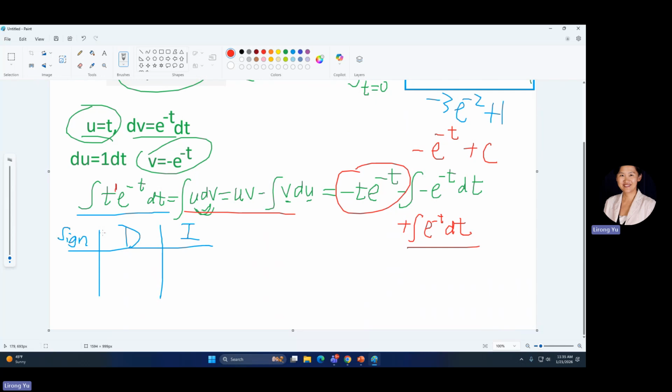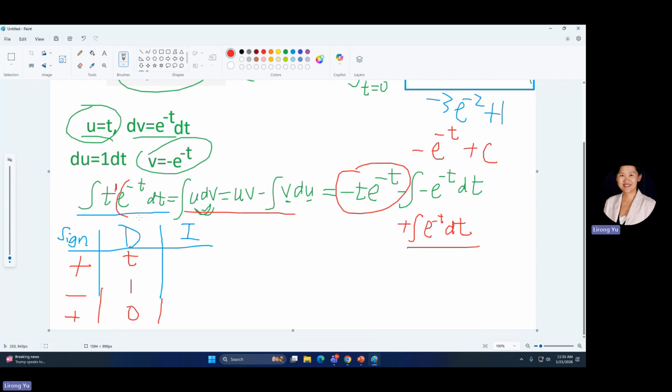Let's do some easy calculation. So we start with positive, negative, and positive. Now start with the one you want to differentiate, which is t. So we find the derivative of t, which equals 1, and the derivative of 1, which will be 0. The one you are differentiating, you will always be differentiating. The one we're integrating is this one.